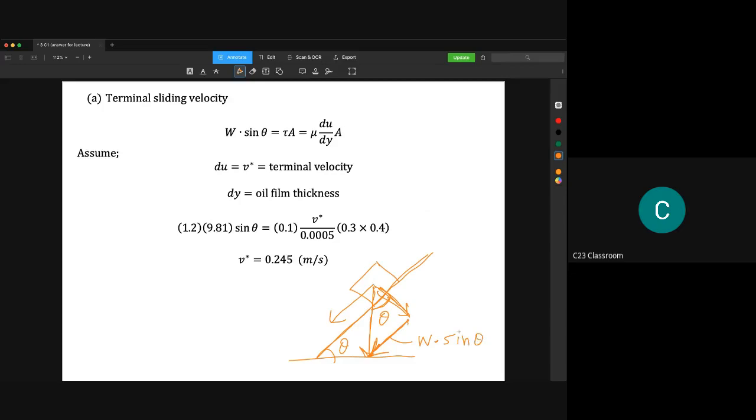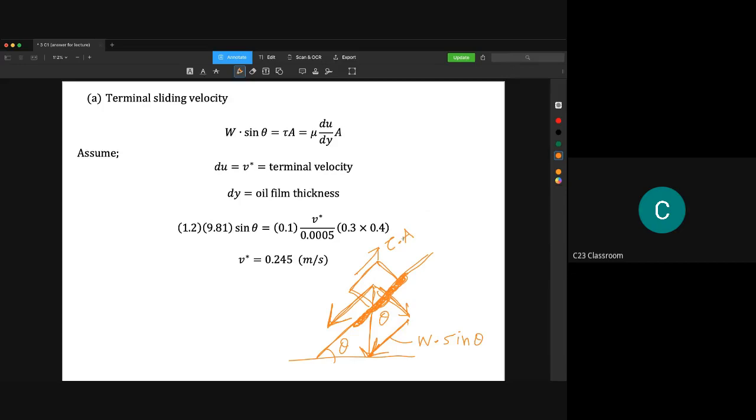Why? Because this box is moving downward like this, and the oil film here will give the box some kind of resistance. We calculate the resistance from this film thickness by multiplying tau and the area.